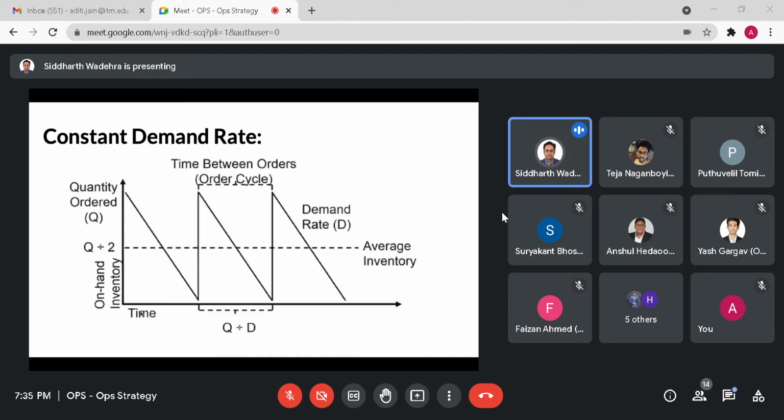All right. The next thing you would want to see here is that the time between orders is going to be determined by the quantity Q that you order every time you place an order, divided by the annual demand, or D. That's because we want to come to something called the number of orders in a year.